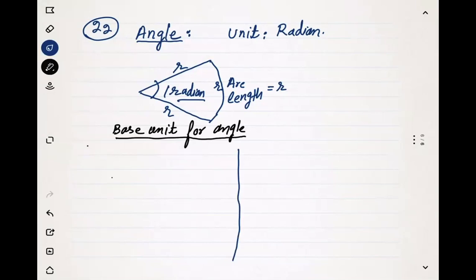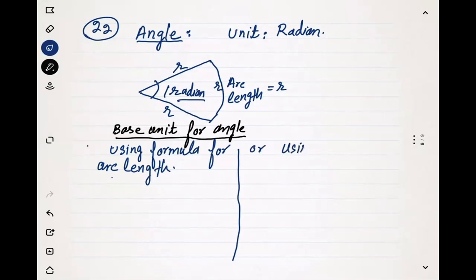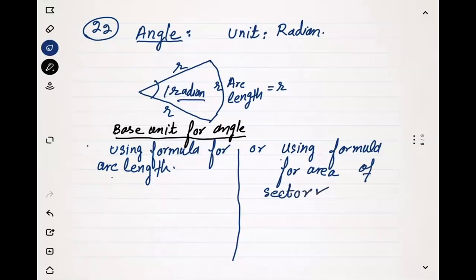You can find its base unit using the formula for arc length, or the other option is using the formula for area of sector. Any formula that is suitable for you or easy to memorize, you can use.